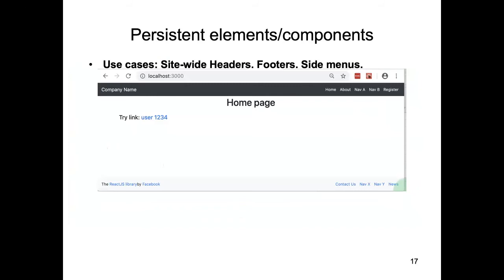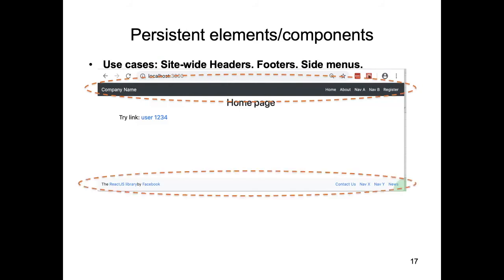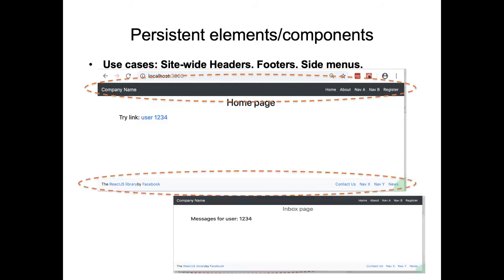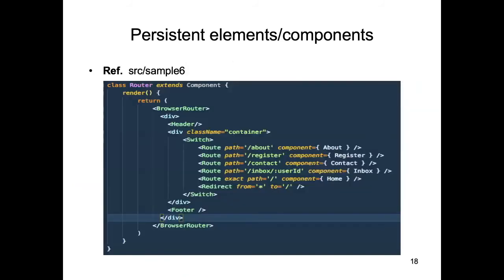So relating this to our little case study or glorified email client, let's say we want all of the pages, the home page, the about page, the inbox page, all to have the same header and the same footer. And that's going to be constant across all our pages. And it turns out it's actually quite easy to achieve that. What you see here is the component that has the main routing configuration.